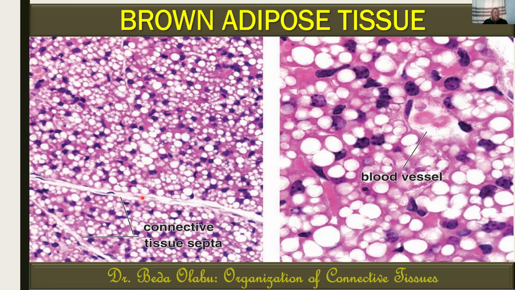We don't see this much with the unilocular fat, but we see it a lot with the multilocular fat, that the overall fat is also divided into some gross lobules. This image to your right is to help you just appreciate the vascularity. These are blood vessels. You can see red blood cells within there. So brown fat is basically more vascularized, more innervated than unilocular fat.